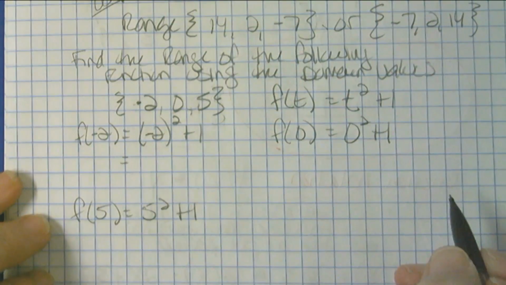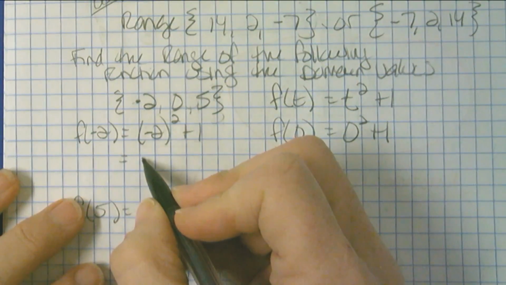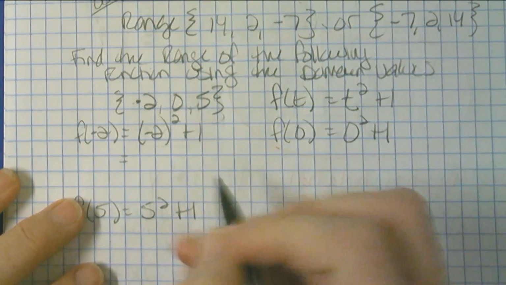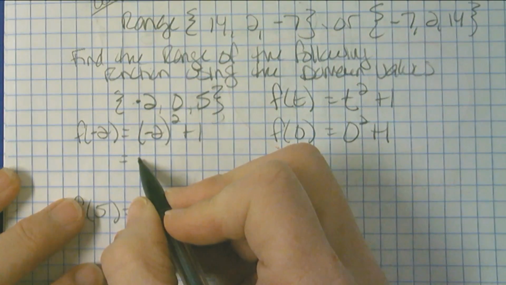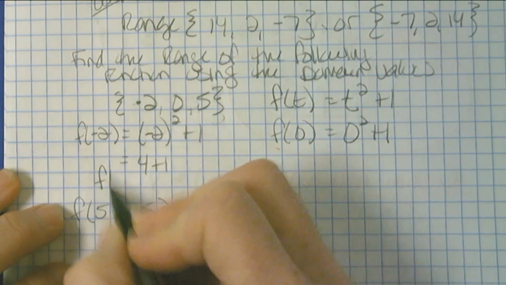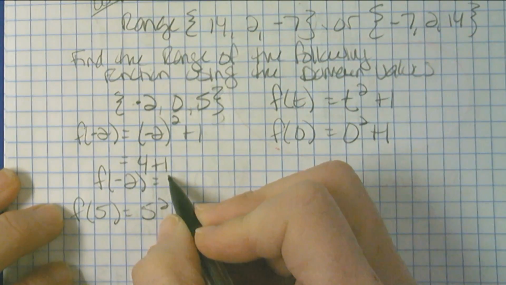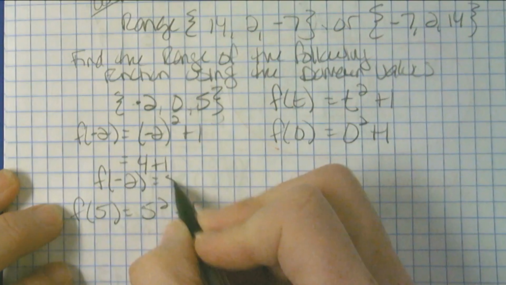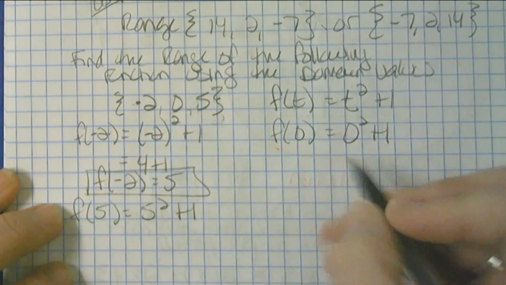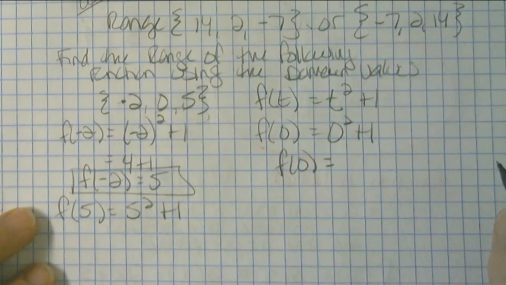Serena, what's -2 squared? What's negative 2 squared? Positive 4 or negative 4? So it's positive 4 plus 1. So what's f of negative 2 then? 5. All right. Somebody tell me, what's f of 0? Ashton?